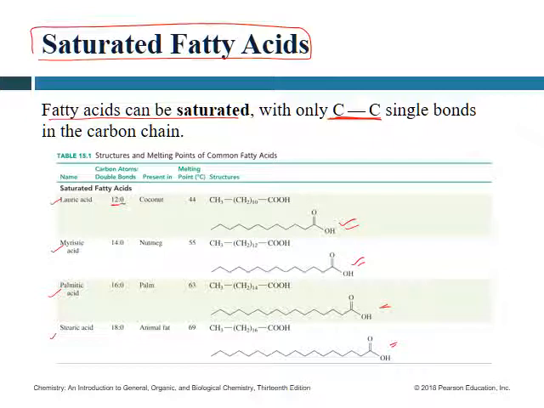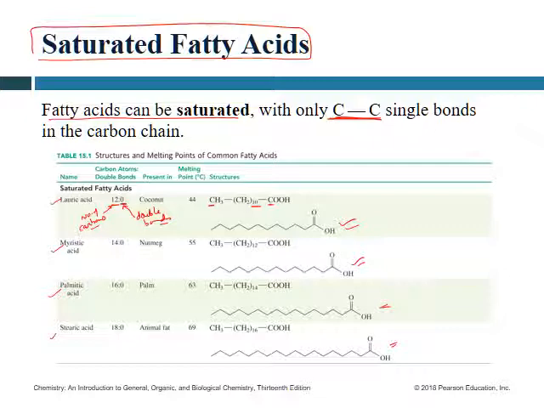The first number tells you the number of carbons, and the second number tells you the number of double bonds. So in lauric acid, 12:0 means lauric acid is made up of 12 carbons total. You can see 10, 11, 12 carbons. And how many double bonds does lauric acid have? 0, which means no double bond.